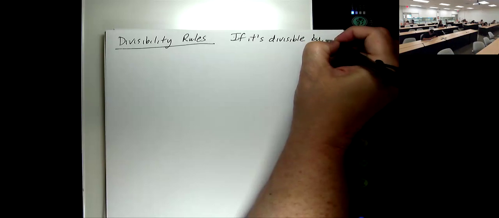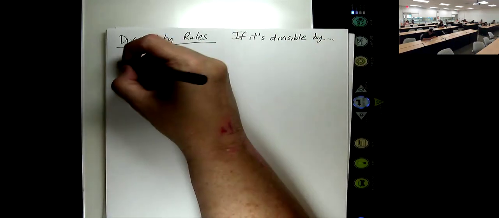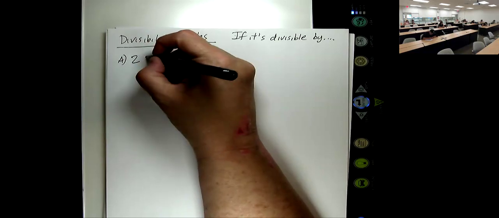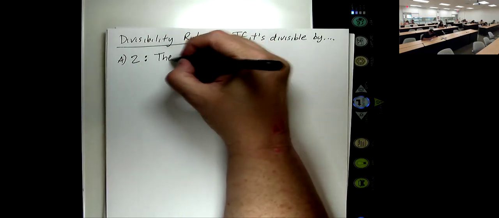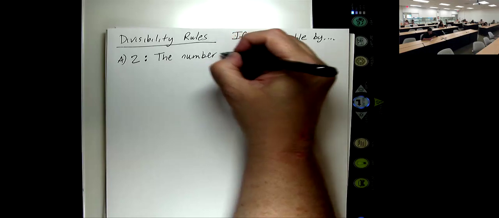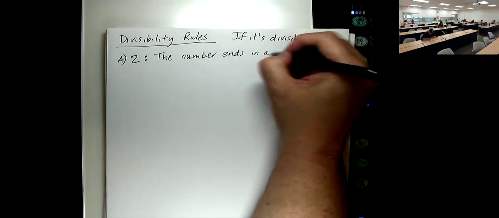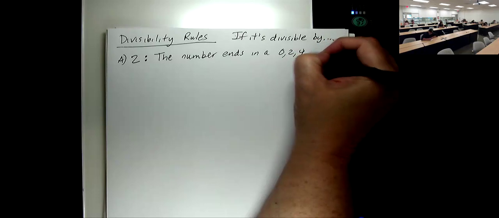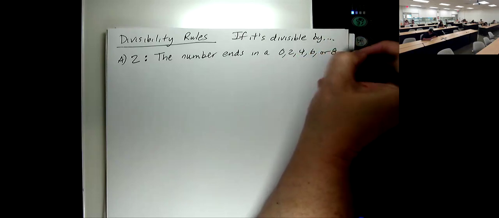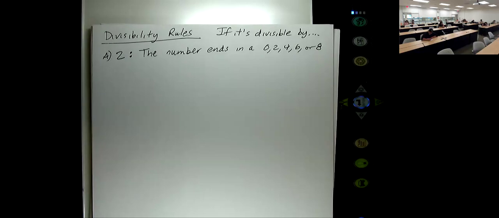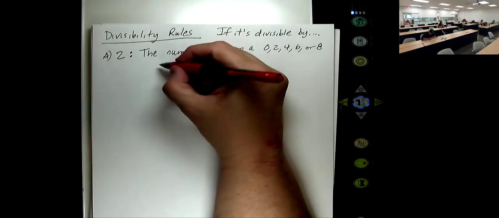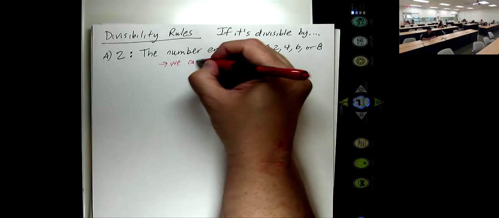If it's divisible by, we'll go with 2, the number ends in a 0, 2, 4, 6, or 8. If it meets this criteria, we call this an even number.